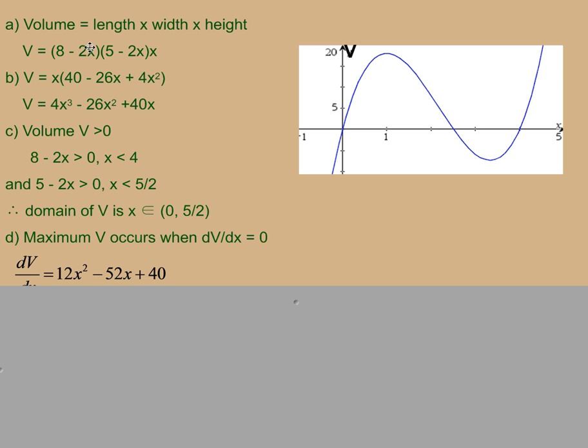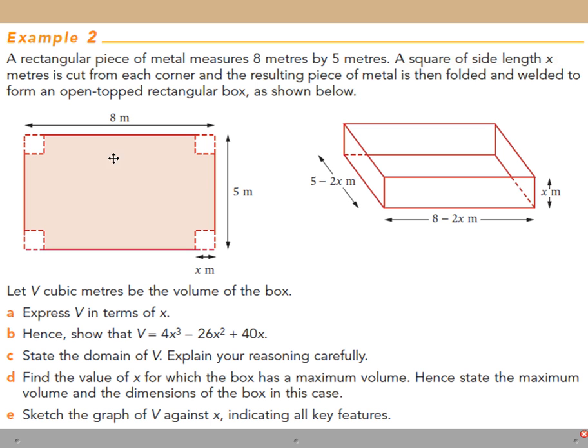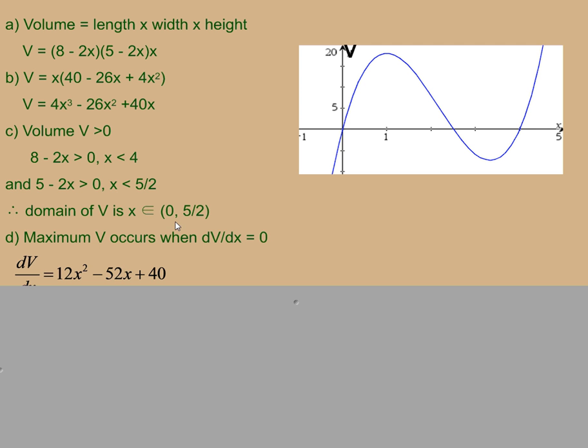You can see here you can't take a value x of 5 because you've only got 5 to start with. So if you take 5 out of one end, you've got nothing to take out of the other end. So that's impossible to have. So x has got to be between, as we said, between 0 and 2.5.